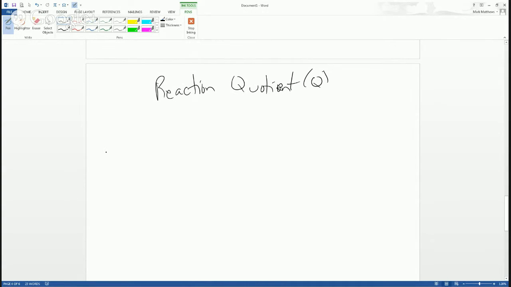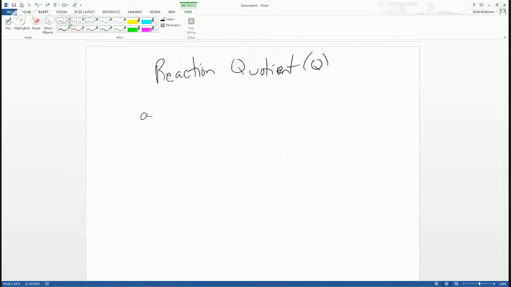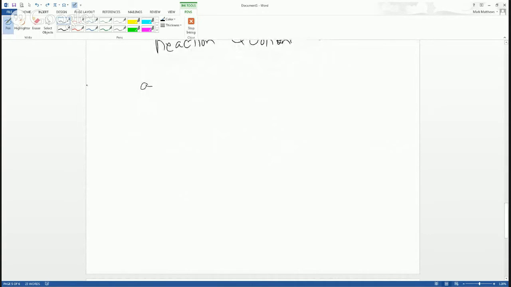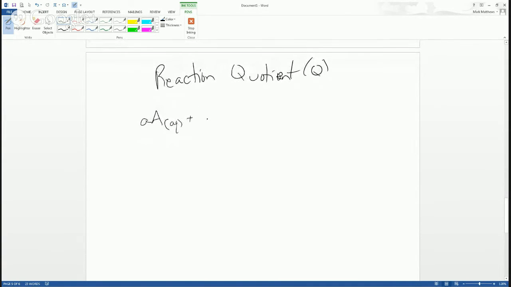Before we talk about that, just to remind you how the equilibrium constant works. Remember, for any generic equilibrium reaction, A and B give you C and D. It's products.